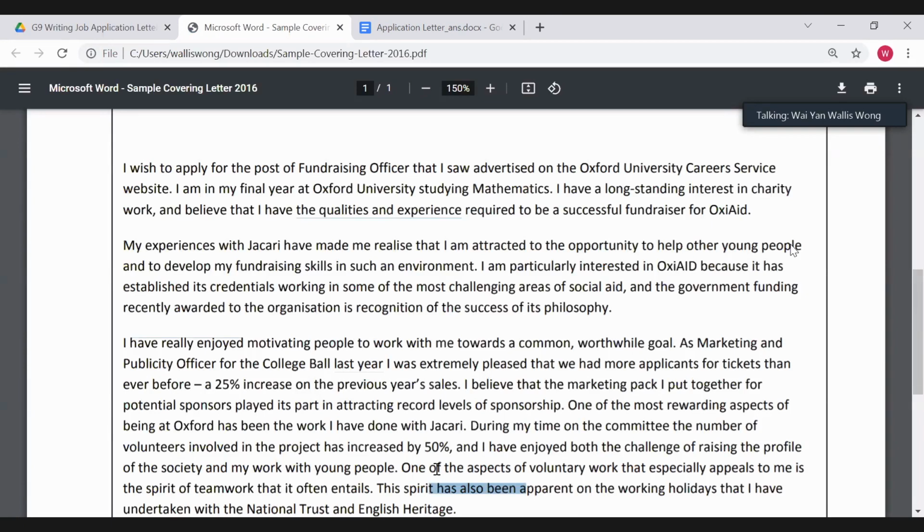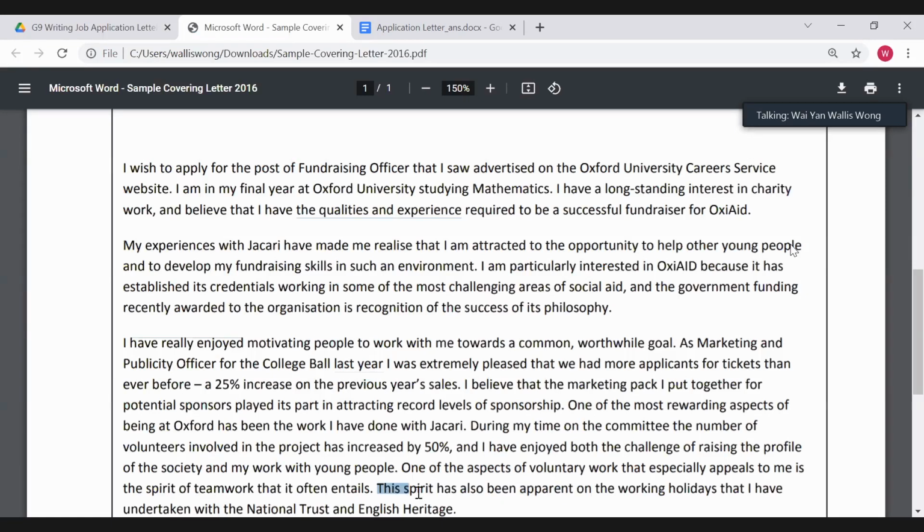This spirit, what spirit? Okay, like the aspect, the opportunity to join the voluntary work, team spirit has been apparent on the working holiday that I have undertaken with the National Trust and English Heritage.